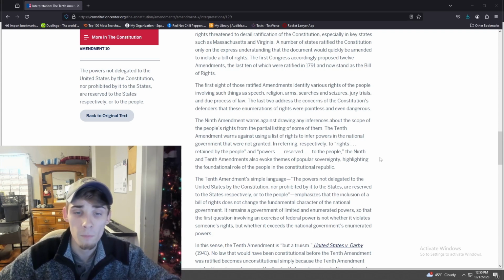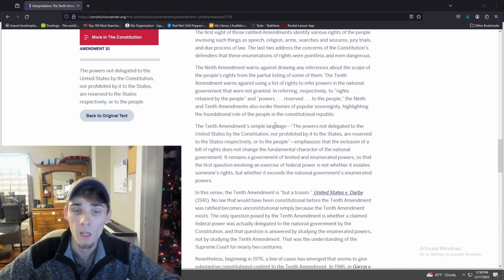The 9th and 10th Amendments also invoke themes of popular sovereignty, highlighting the foundational role of the people in the constitutional republic. So, the 10th Amendment's simple language: the powers not delegated to the United States by the Constitution, nor prohibited by it to the states, are reserved to the states respectively, or to the people.